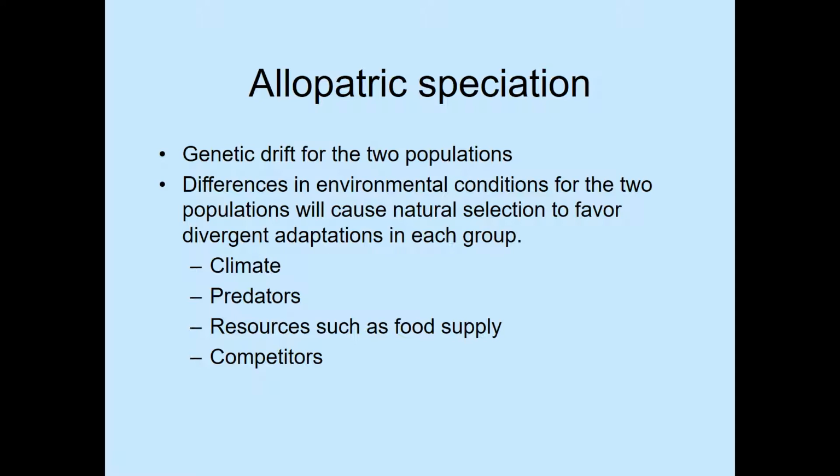And then allopatric speciation, that causes genetic drift for two populations, and so they end up being very different. And the differences in these conditions will cause natural selection to favor each group getting these different adaptations.